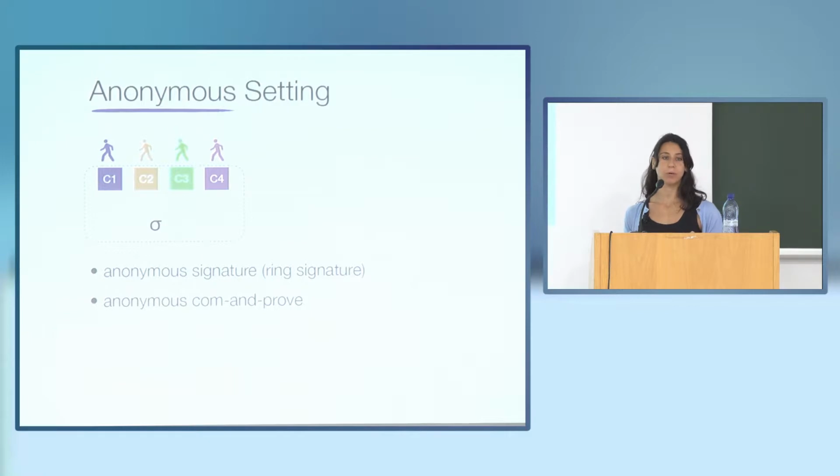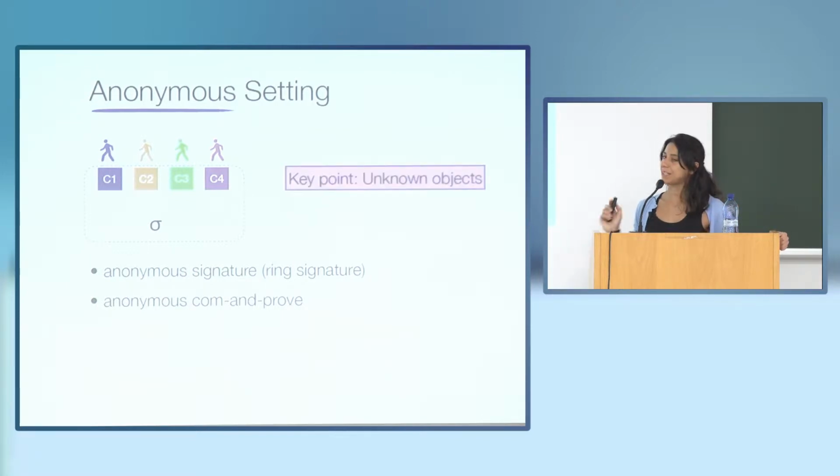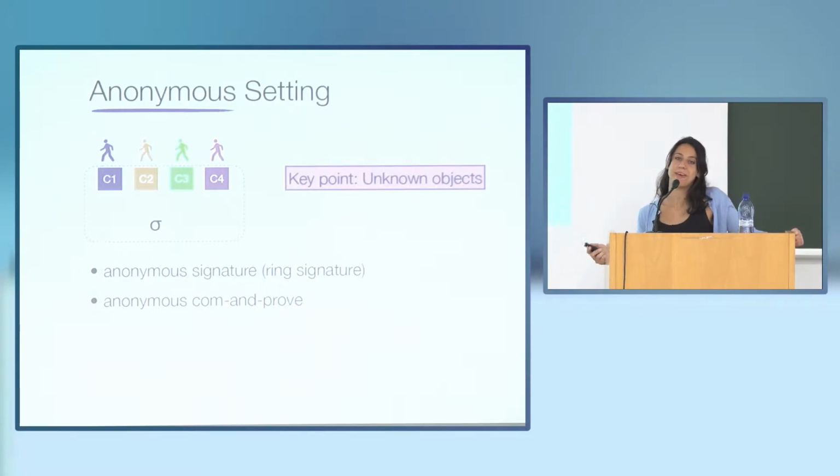So it's really a proof of equality made over many commitments. And again, the point is that these commitments are made by other people over time, and you want to make sure the verifier cannot tell which commitment you know the opening of. So the key point here is that in an anonymous setting, there are objects that you don't know, but you have to work with them in order to compute your proof or your signature.